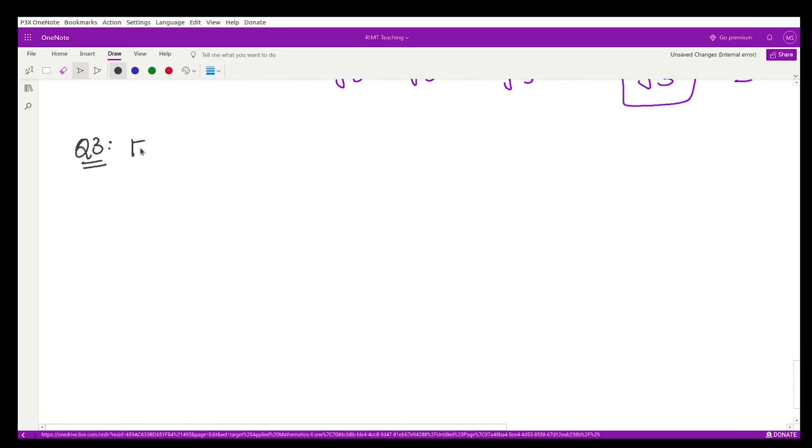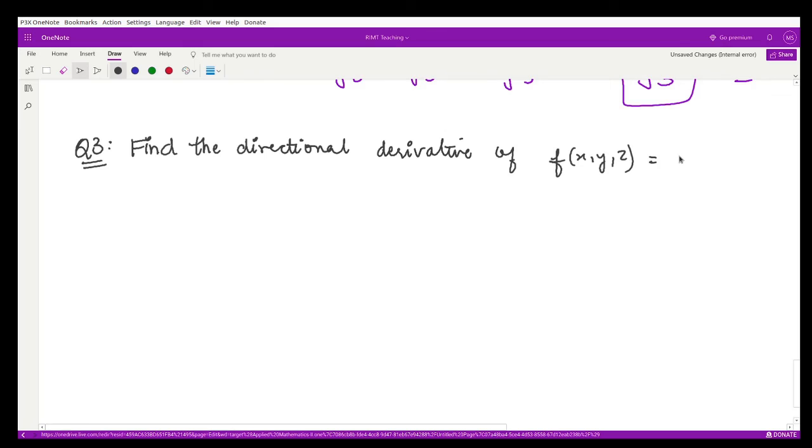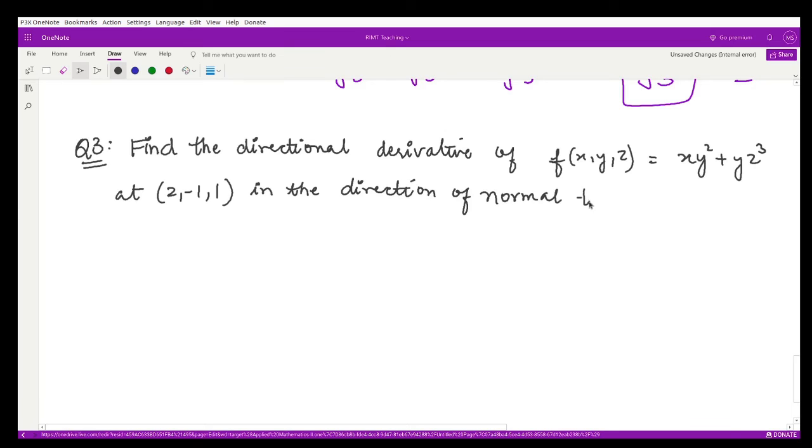It states: find the directional derivative of f of x, y, z, which is given to be x y square plus y z cube, at the point 2, minus 1, 1 in the direction of the normal to the surface.